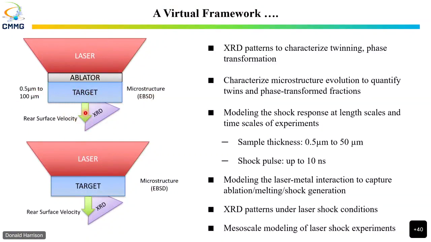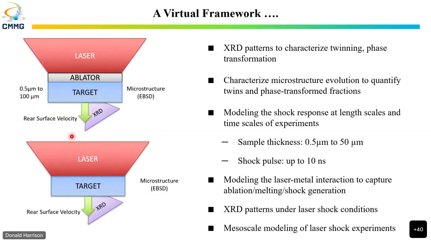So the idea is you need to have an ability to predict simulated diffraction patterns. You need to have the ability to characterize microstructures while the shock wave is going through the material at different times, right? And you need to be able to correlate all of that with the real surface velocity that you would get in an experiment. So that's my virtual framework set up to mimic this whole shock experiment.